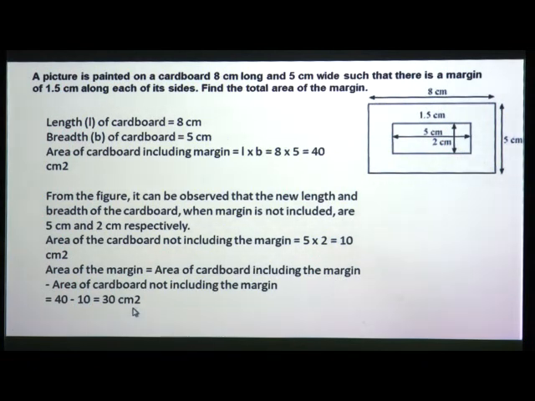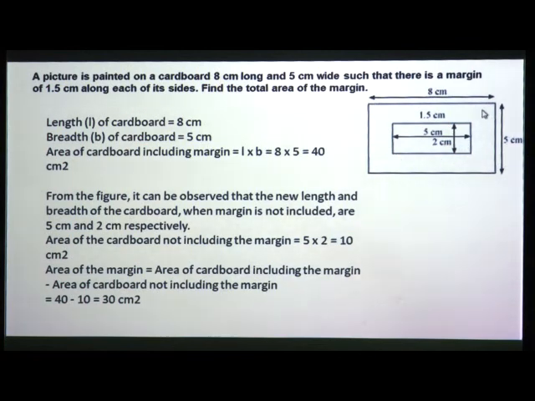What is it? 30 centimeter square is nothing but the area of the margin, which is shown with this empty space. This is what we had calculated as its area. What we had done is first take the length and breadth of the cardboard including the painting, and afterward we calculated the picture whose length and breadth is given, excluding the margin.